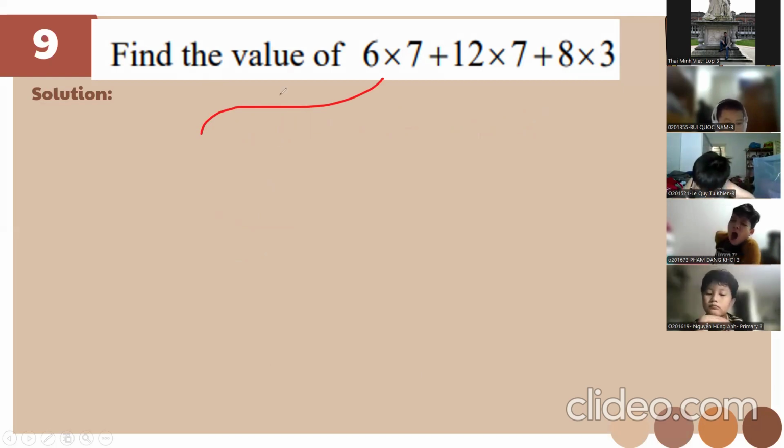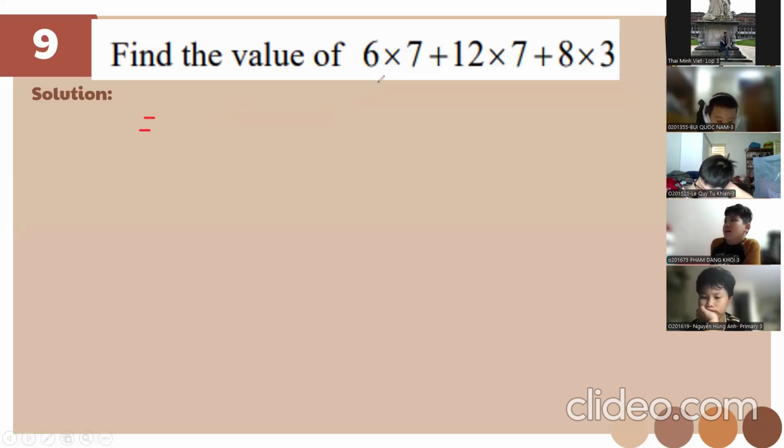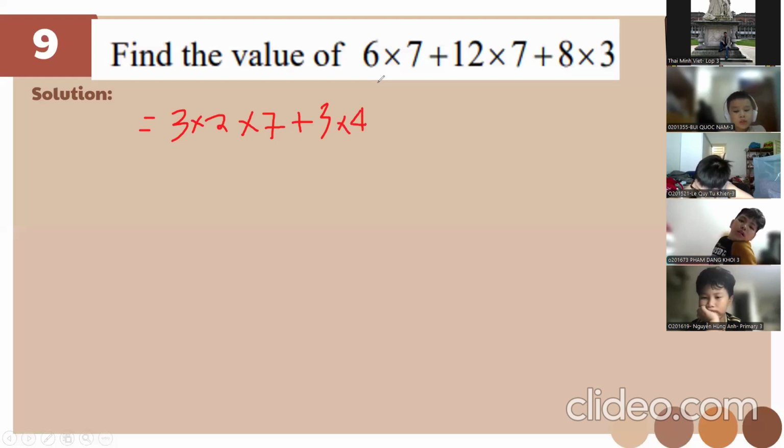Okay, we will just do 6 times 7 plus 6 times 2 times 7. We can do that, or you can also do direct math, but let's do the shortcut solution, okay? For this one, it's going to become 3 times 2 times 7 plus 3 times 4 times 7 plus 3 times 8.